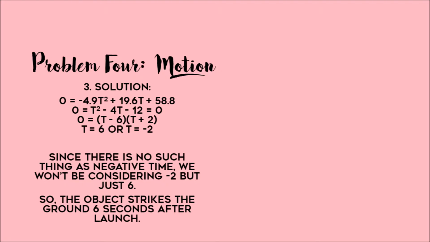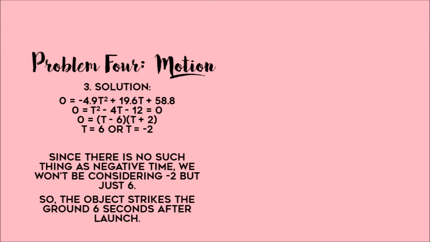So yes, that is a 0, the letter O is different from the 0. Just so we can put that in general form, then we are going to factor that. So it's going to be factors of negative 12 that will add up to negative 4. So that is t minus 6 and t plus 2.